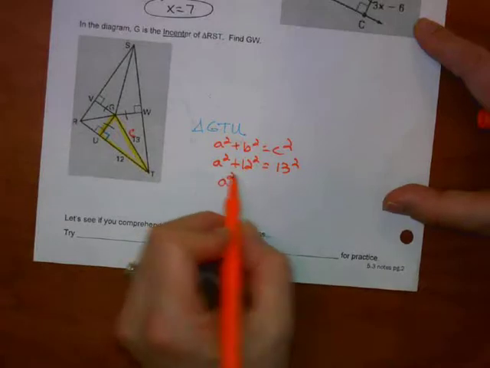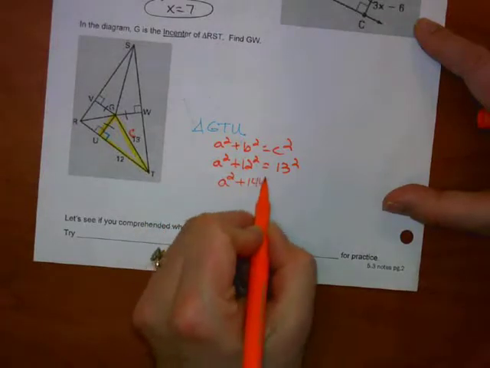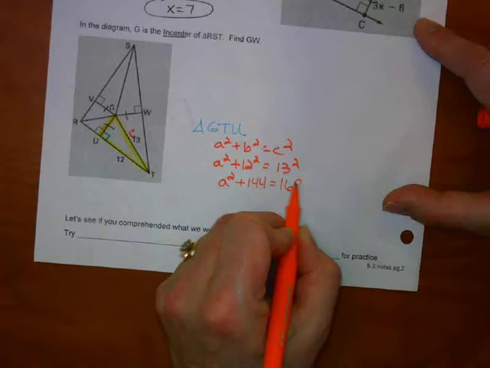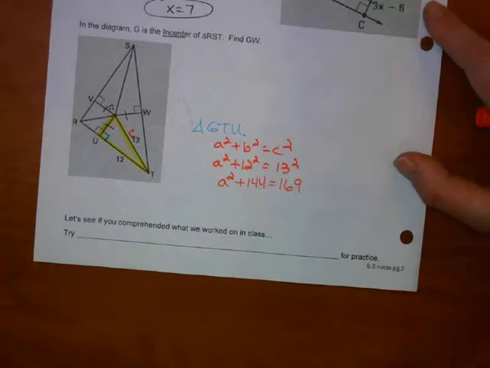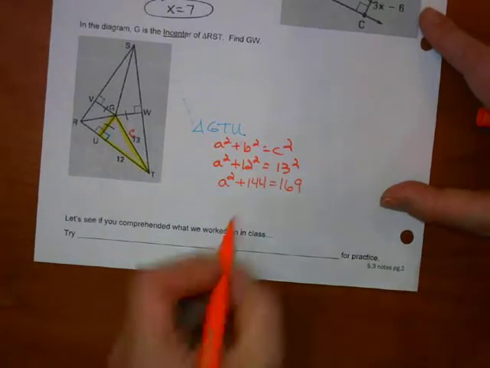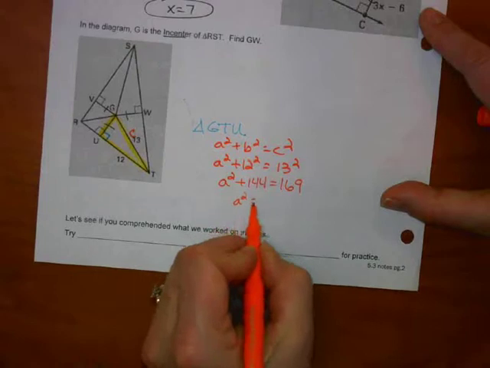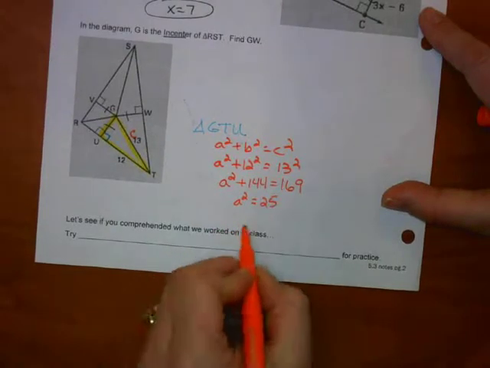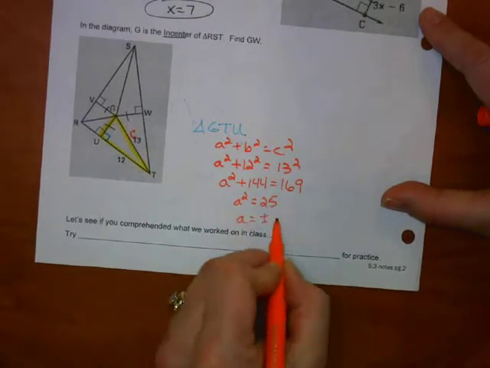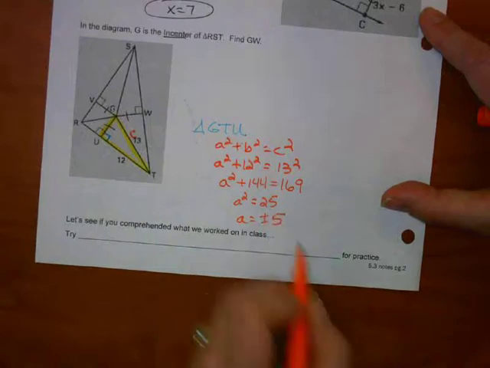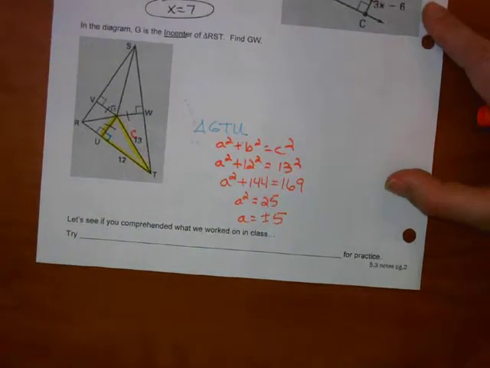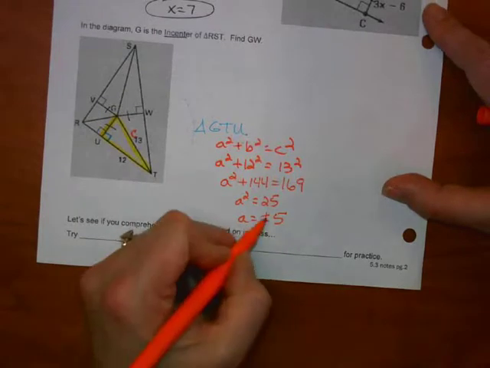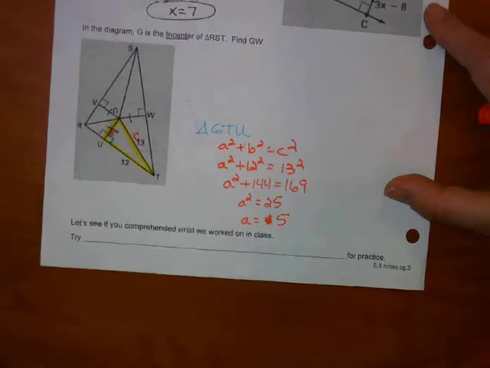A squared plus 144 equals 169. Subtract 144 from both sides. And a is equal to plus or minus 5, but would we use the negative? No, because it's a side length of a triangle, so it doesn't make sense to the problem. So it's just 5. So I'm going to put 5 right there.